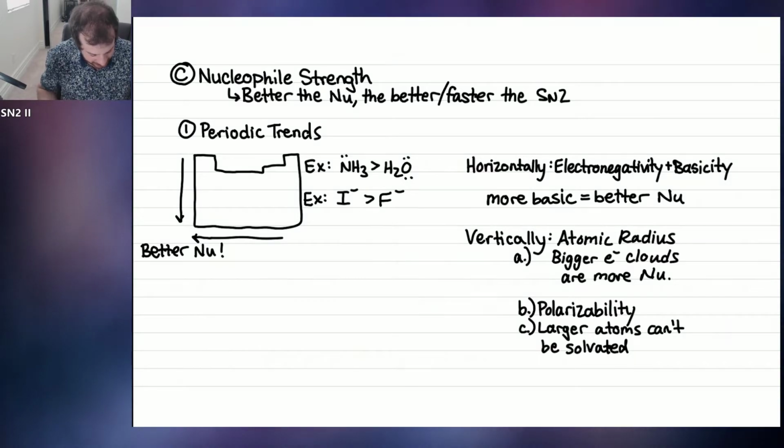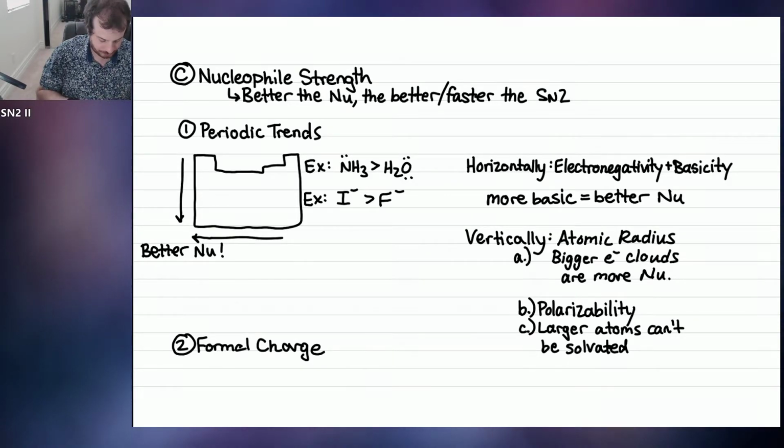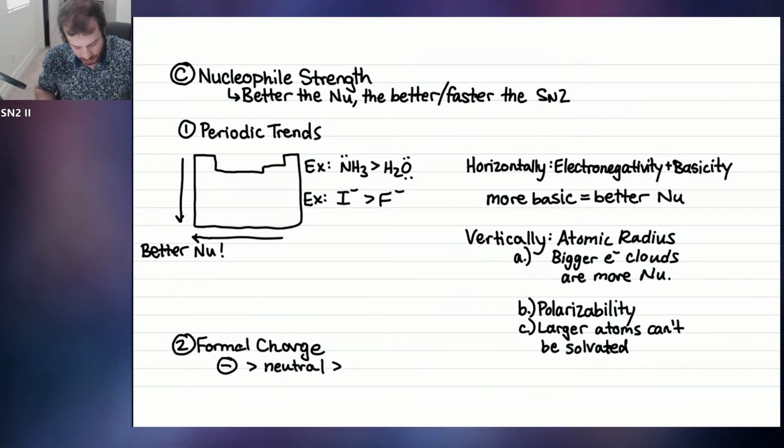Okay, second thing that can affect nucleophile strength is formal charge. Negatively charged nucleophiles are stronger than neutral nucleophiles, which are stronger than positively charged nucleophiles. So consider the following reactions.